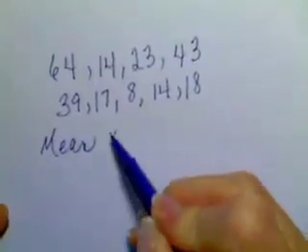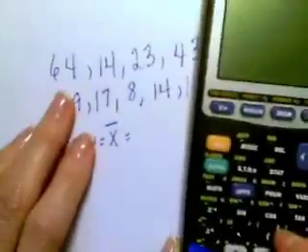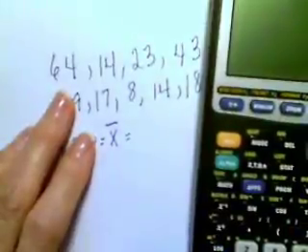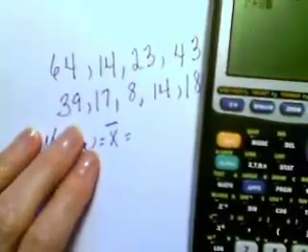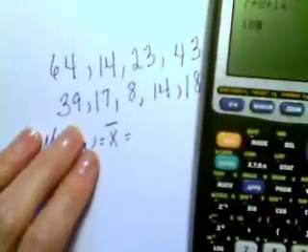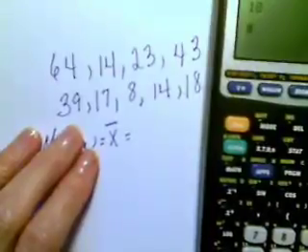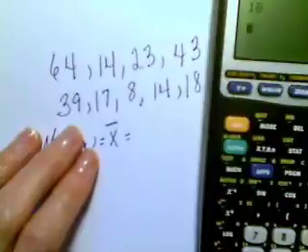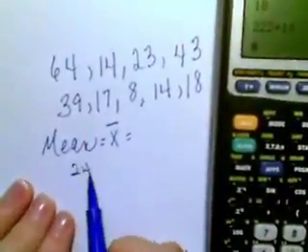The mean is sometimes written as x bar. I would add and I get a sum of 240.